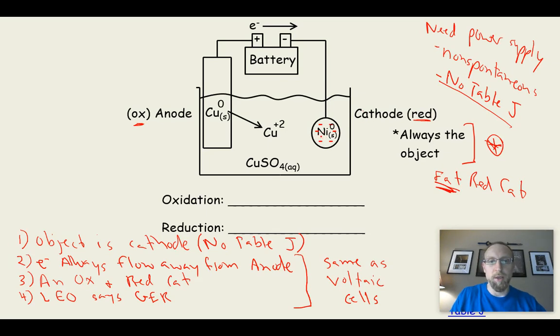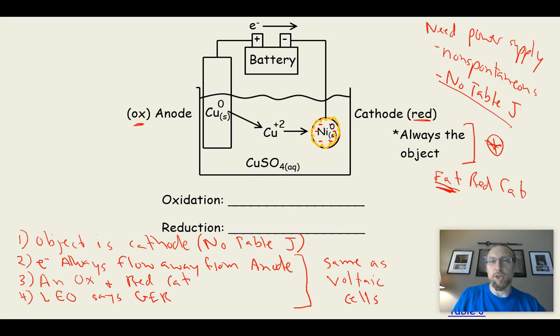Okay? So now, what does this positive copper ion do? Remember, opposites attract. This positive copper ion says, hey, look at all those electrons. I want those electrons. So then it moves over there, picks up those electrons, gains those electrons, and gets reduced and deposits itself on the coin.